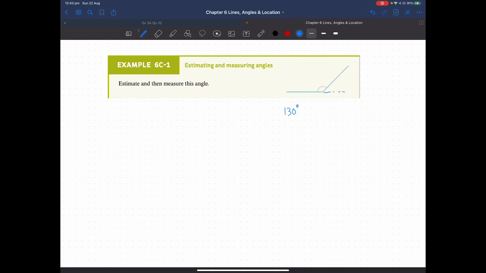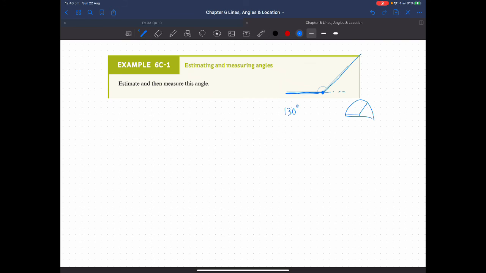Now what I would do is check this with a protractor. So I would move my protractor so that the center dot on the protractor is where I've put the dot on the diagram. The straight line on the bottom of the protractor, I would move along this line here. Then read up where this blue line goes on the part of the protractor which has the degrees marked on it.